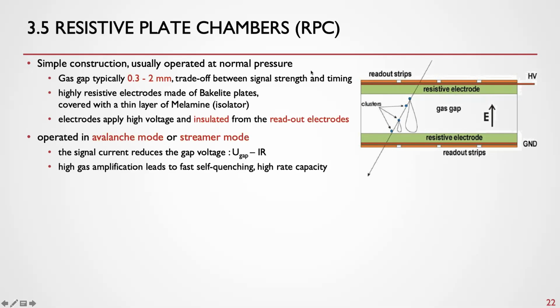These resistive plate chambers are usually operated under normal pressure. They have readout strips at the top and the bottom, which are electrically insulated from the voltage supply. So there's a voltage supply that creates the E field, the electric field.